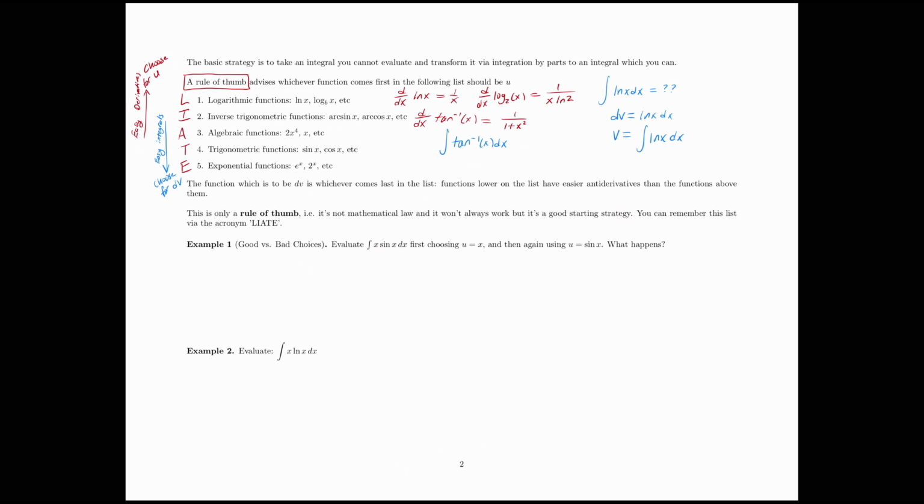So if we were to follow this rule of thumb, LIATE, we would want to pick u to be the algebraic function and pick dv to be the trig function. So that's exactly what we have for option 1, following LIATE, and then for the second time we go about this problem, we want to not follow LIATE. We want to pick u to be the trig function, which is lower on the list, which goes against what's recommended from that rule of thumb.